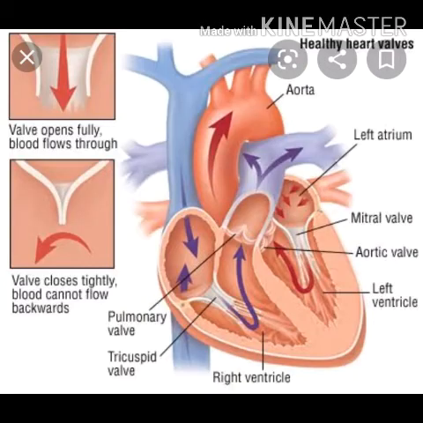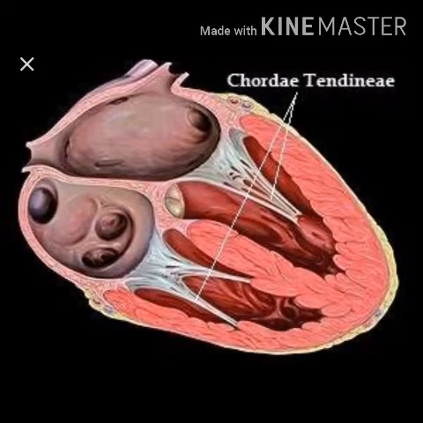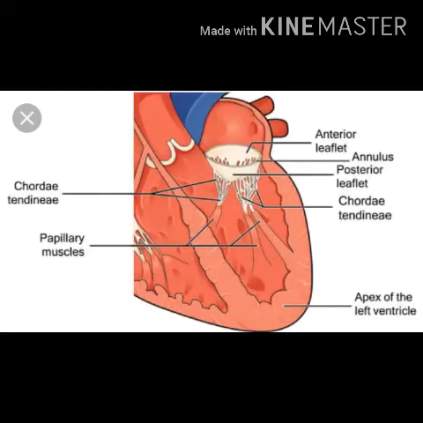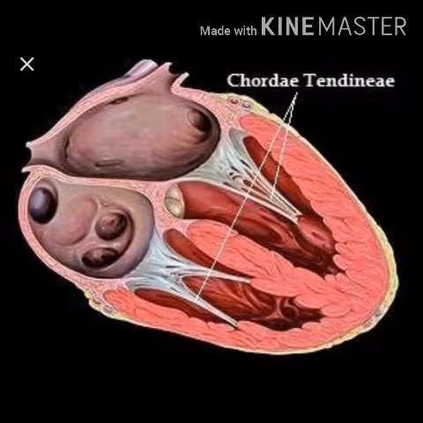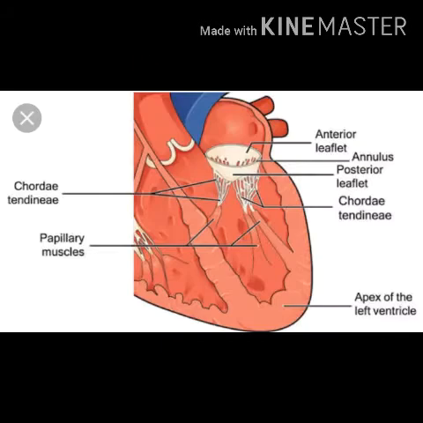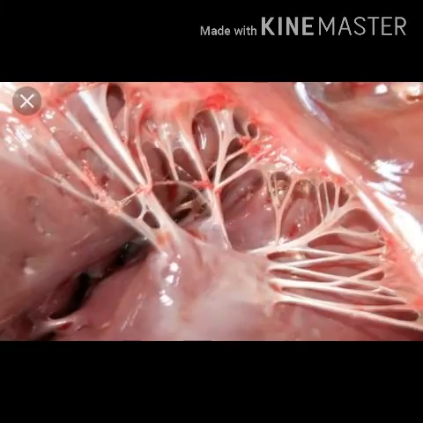Now let's move on to another topic: how the mitral and tricuspid valves are held in their position in the heart. They are held by tough fibrous cords called chordae tendineae. One end of these cords is attached to small mounds of muscle tissue on the inner wall of the ventricle, called papillary muscles. The other ends are attached to the cusps of the mitral and tricuspid valves to anchor them to the ventricular wall.